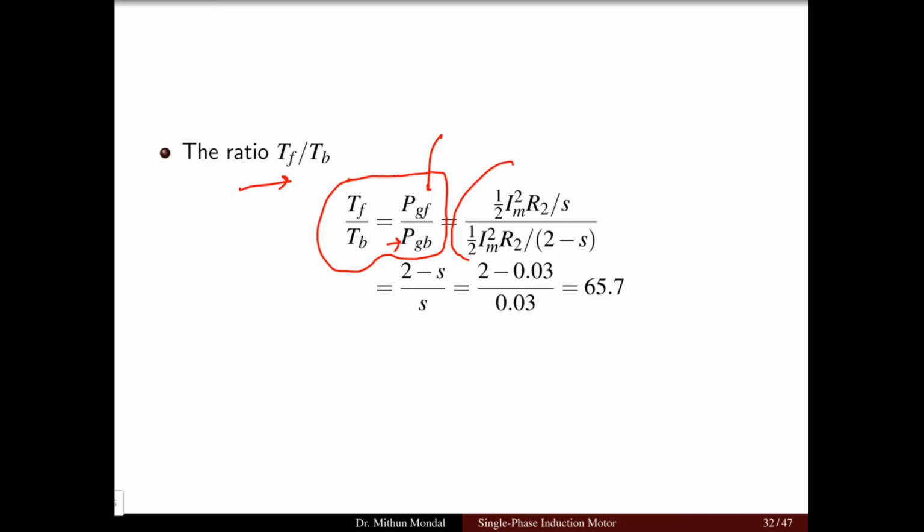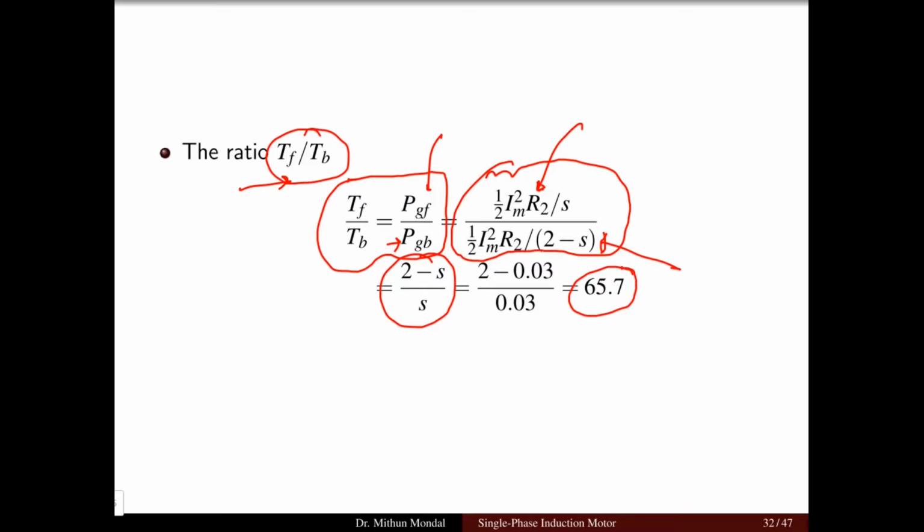So for this ratio, for the rotor circuit, we take the power for the forward field and the power for the backward field. These two torque equations we can use, and that gives the ratio (2 minus S) by S, and this comes to be 65.7. So this is the ratio of the torque in the forward field condition and the backward field condition.